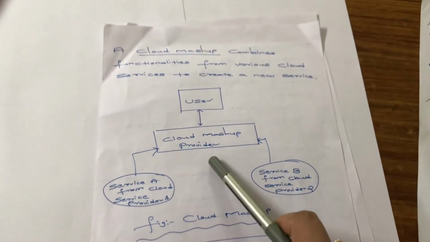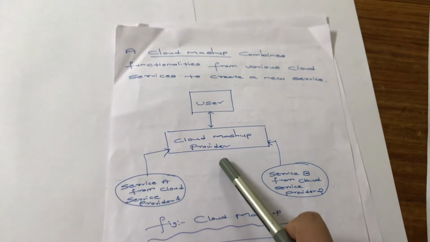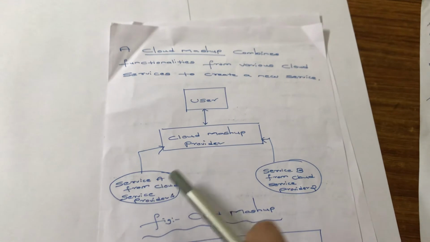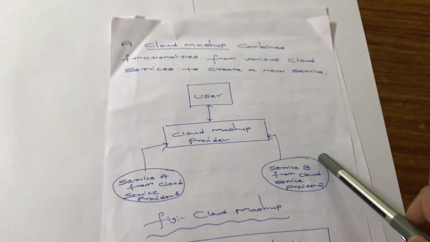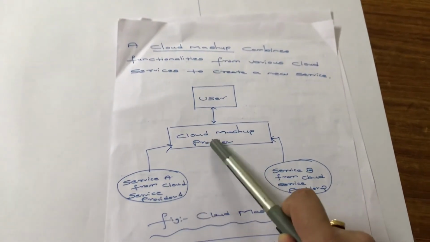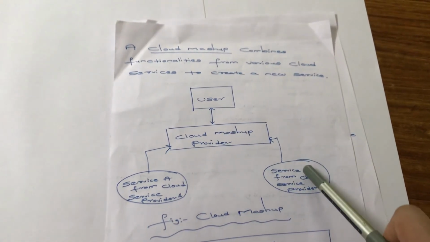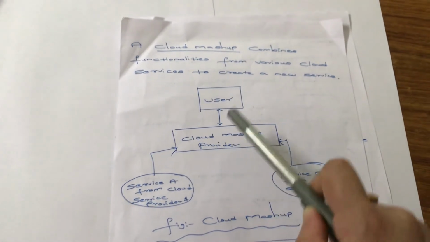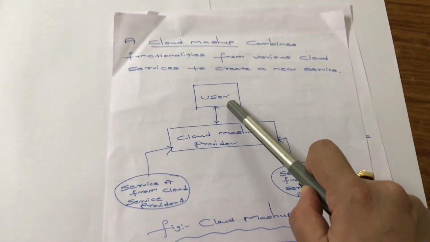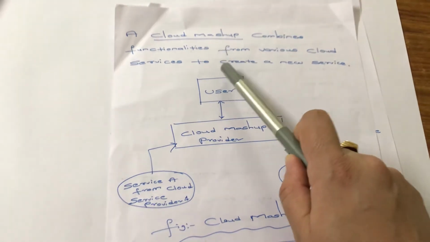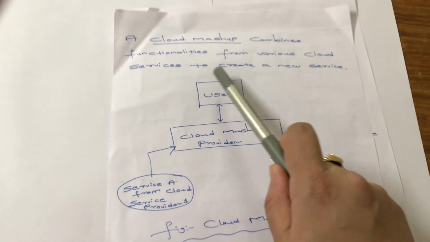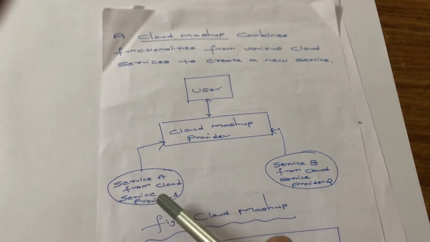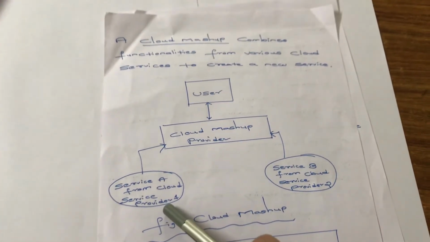So what this cloud mashup provider will do is take one type of service from one cloud service provider and another type of service from another cloud service provider. It will blend both services from the different cloud service providers and that service will be provided to the user. So what it does, it combines functionalities from various cloud services to create a new type of service. So here cloud service provider 1 is, say for example, Google Cloud.